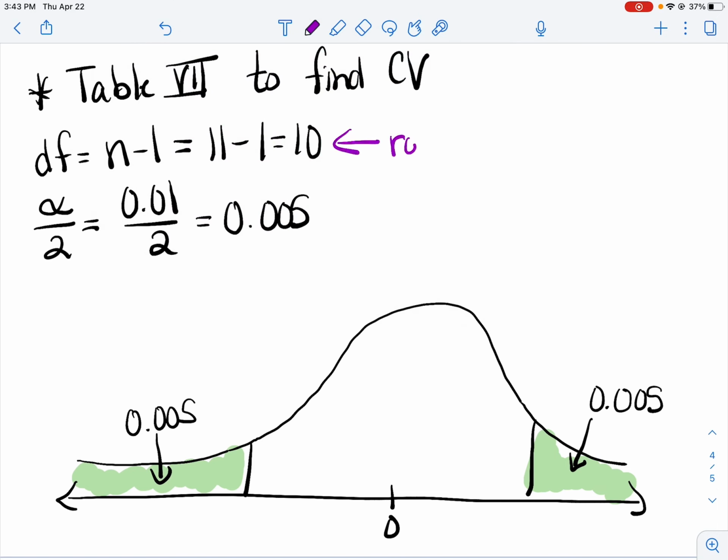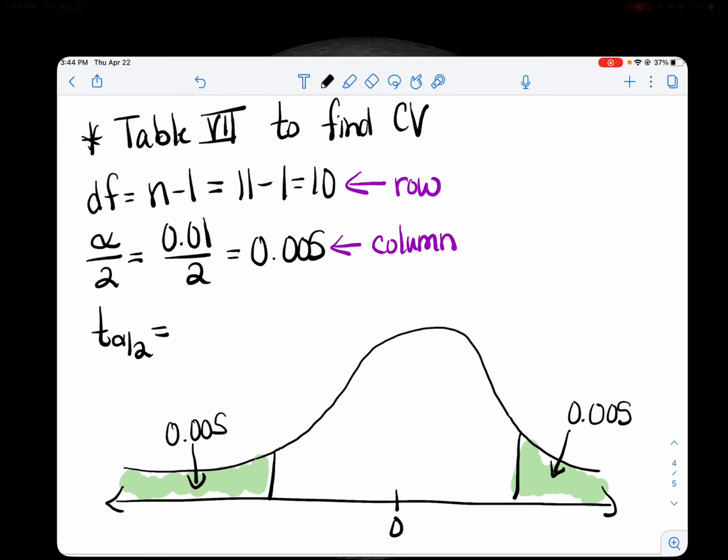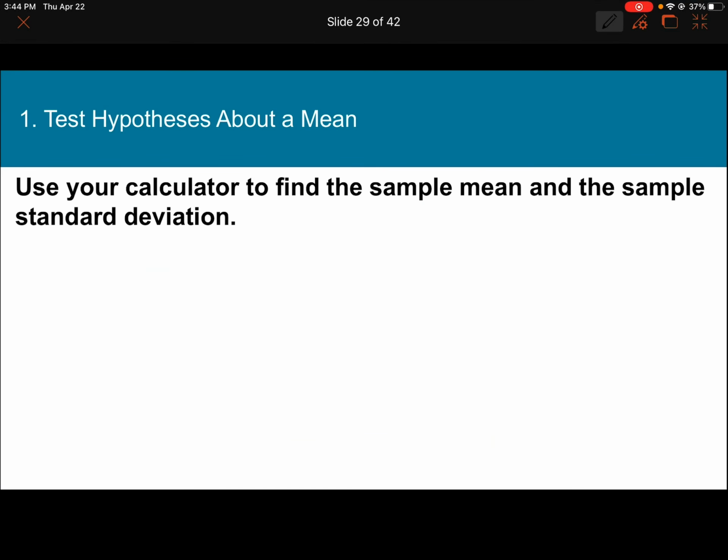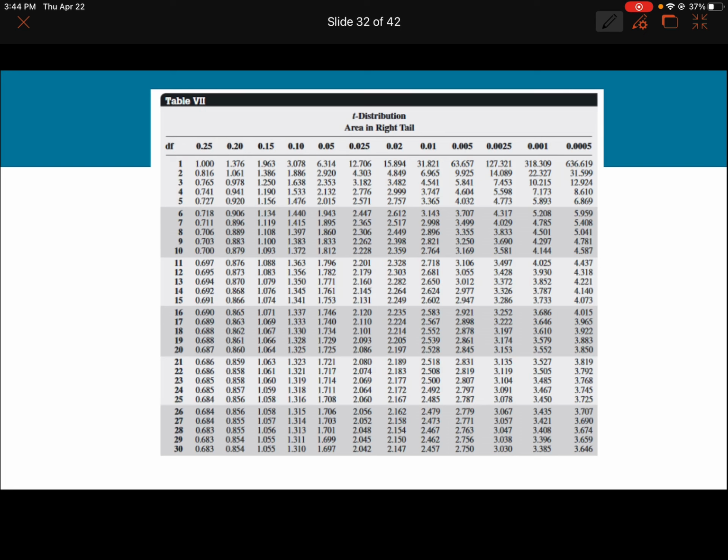The degrees of freedom tell us our row, and the 0.005 tells us our column. Turn to Table 7 and find your t alpha over 2. So the row that we look at is 10. We have 0.005 for our column.